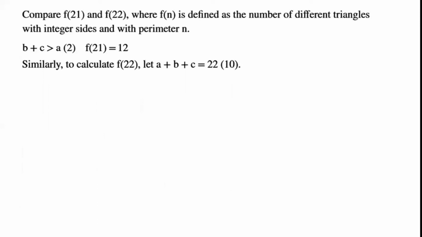Similarly, to calculate f(22), let a + b + c = 22. Without loss of generality, assume a ≥ b ≥ c ≥ 1.